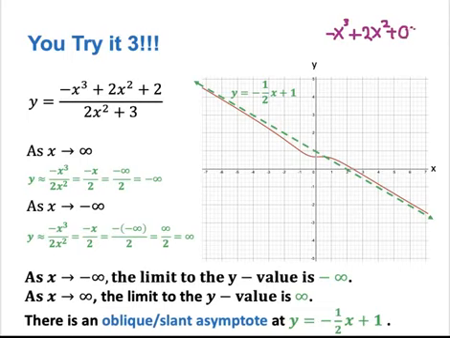We need that placeholder in there. Plus 2. That's divided by 2x squared plus 0x plus 3.